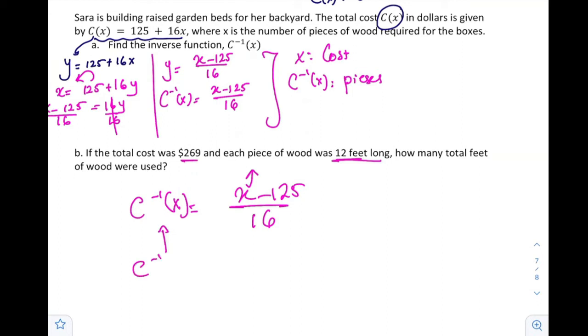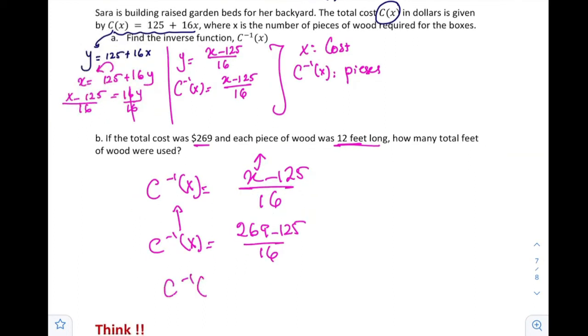The number of pieces will be the x in our function now, 269 minus 125 over 16. Let's find it. 269 minus 125 over 16 is 9. What is this 9?